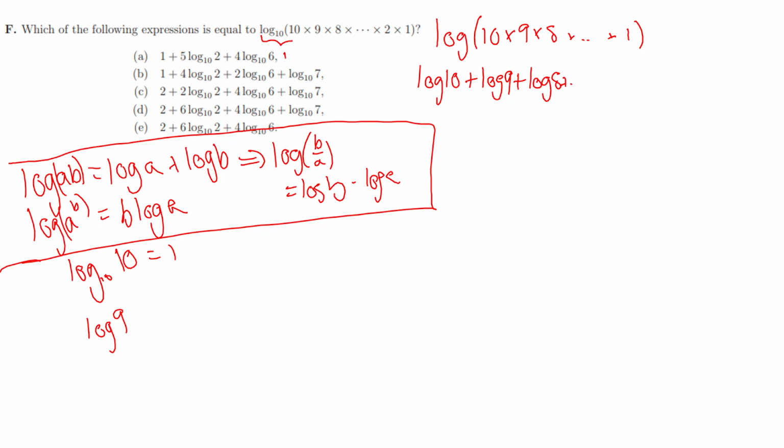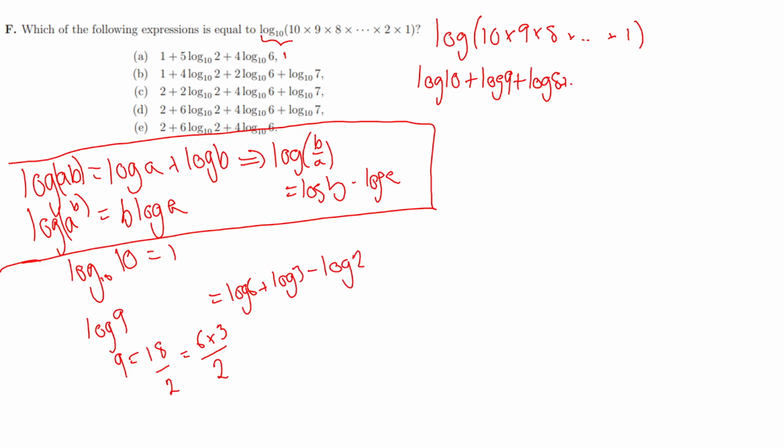We can say that 9 is just the same as 18 divided by 2. And what is 18? 18 is 6 times 3, over 2. And so we can say that log 9 is the same as log 6 plus log 3 minus log 2.